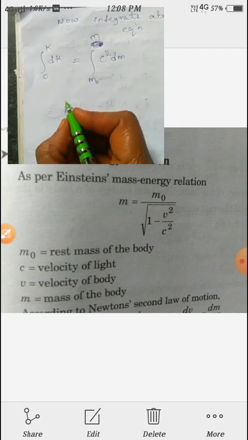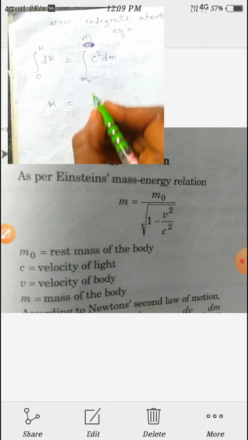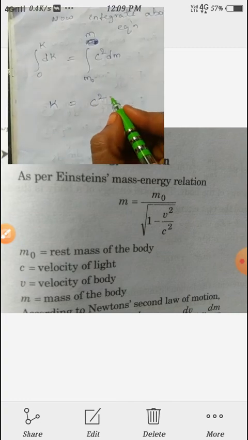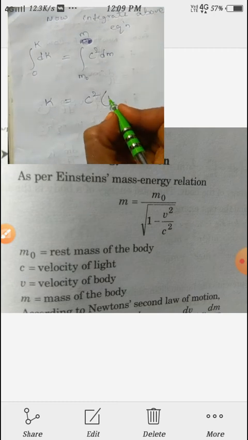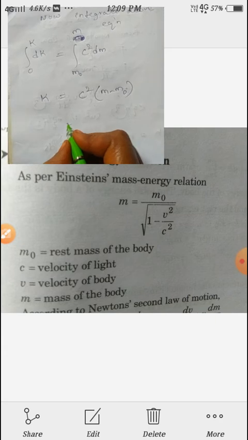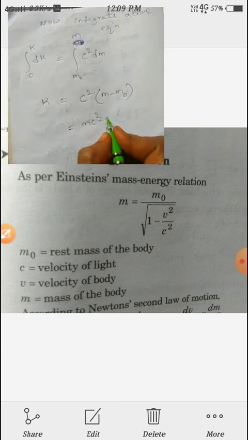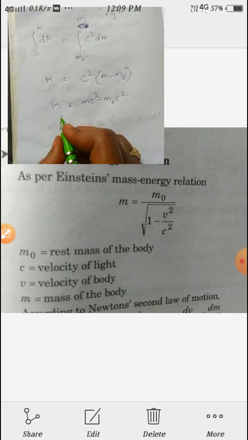So integration of dk is k, here c square is constant. Upper limit minus lower limit: m minus m naught, mc square minus m naught c square is equal to k. So this is the kinetic energy.